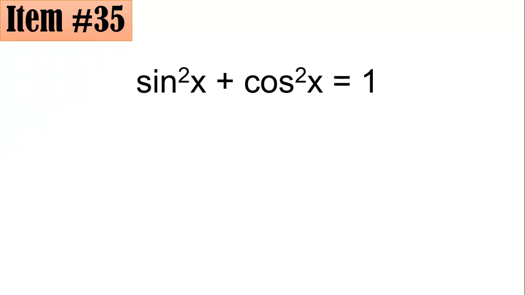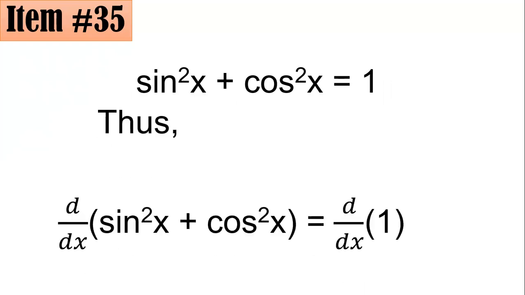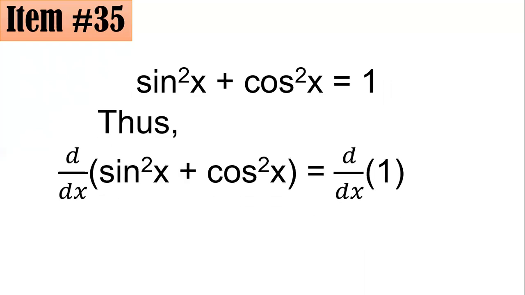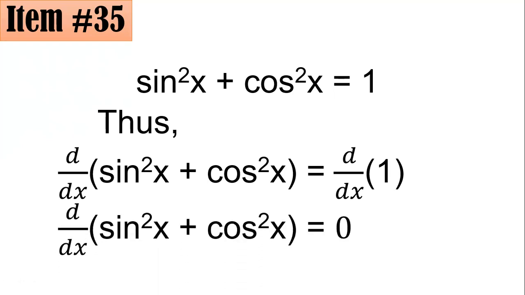Since they form an equality, if you take the derivative of both sides, their derivatives will also be equal. But we know that the derivative of 1 is 0 because the derivative of any constant is 0. That's why the derivative of sine squared x plus cosine squared x equals 0, and that would be letter C.